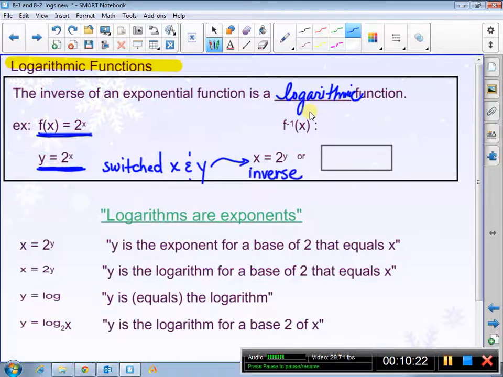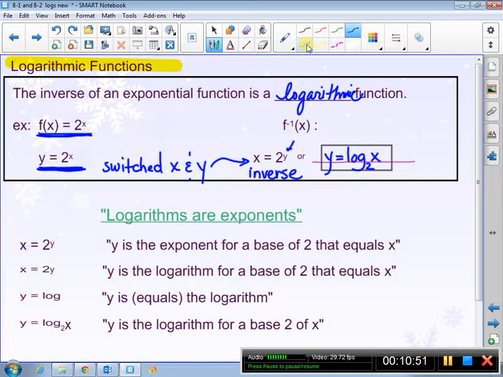So what you need to learn now is how to write this as a logarithmic function. y is the exponent here. So we say y equals the log base 2 of x. And this 2 is a subscript. If I had a line on my paper, all of this would be on the line, and the 2 would be a subscript below the line.